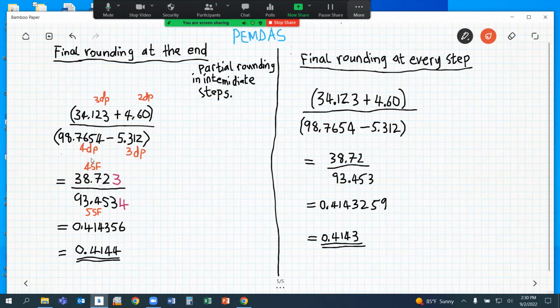Now our final answer must be limited to the least number of sig figs, which is 4. And the fourth sig fig ends right here on the 3. So we can round the 3 up to 4 because we have 5 or more in the following digit. So our final answer will be 0.4144. So that is final rounding at the end.